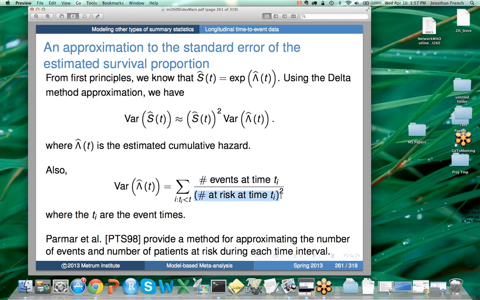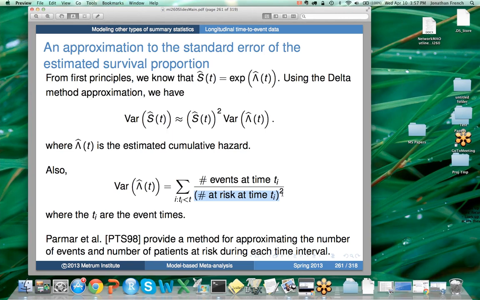That's going to be completely guesswork, because without that information, you're just going to have to make something up about the hazard. And you could look at the sensitivity to different choices for that dropout model.